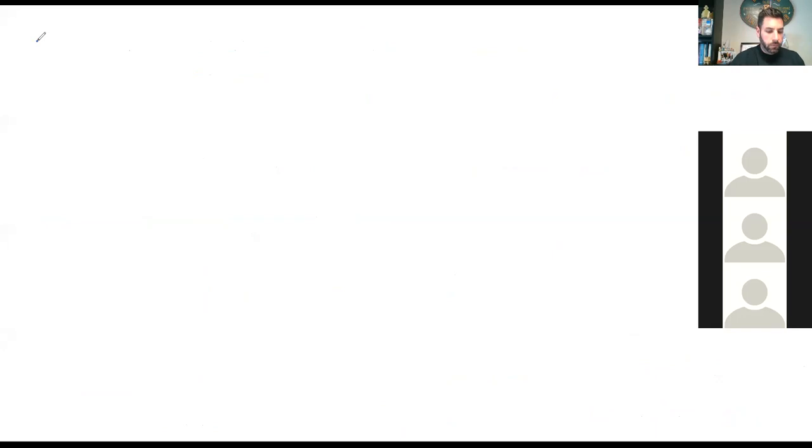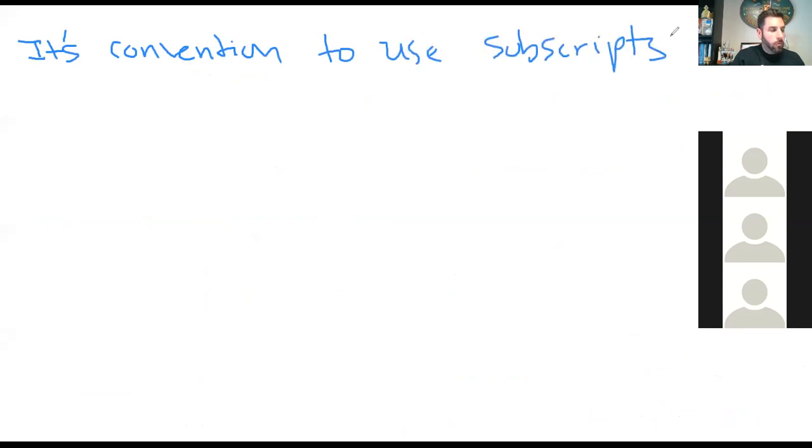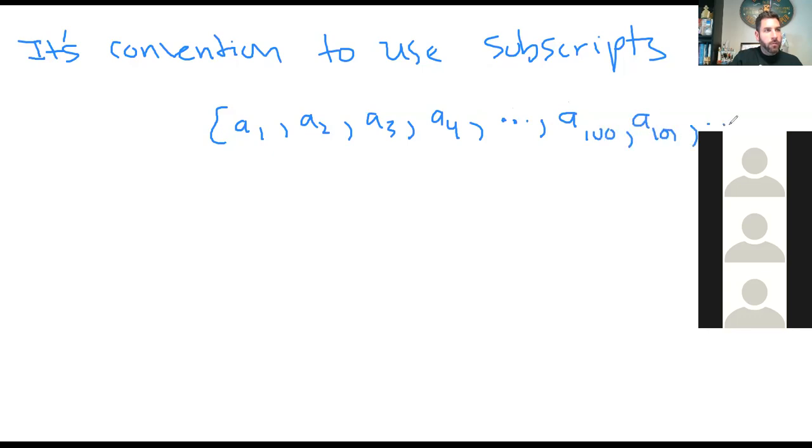So it's convention to use subscripts. So A1, A2, A3, A4, etc. You could even say, okay, this is the 100th term, the 101st term.